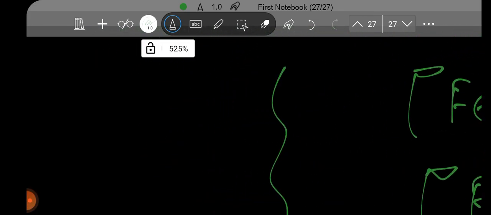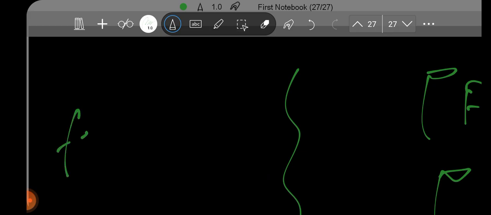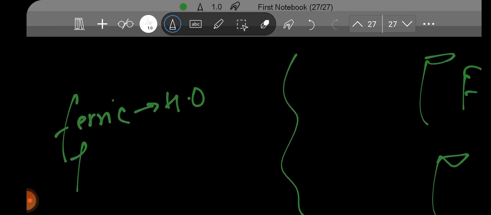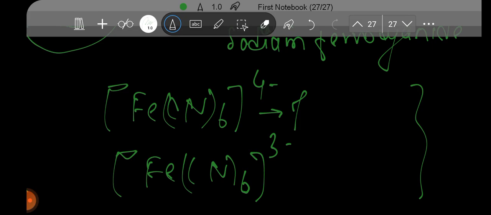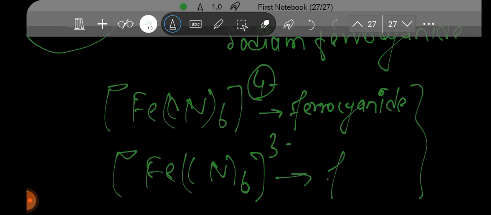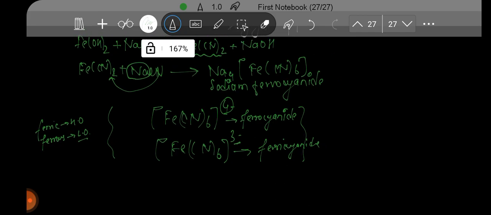In general you write ferric for the higher oxidation state and ferrous for the lower oxidation state, but just the opposite here: you write ferrocyanide for the minus 4 charge and ferricyanide for the lower charge. That's all. Then let's move on.